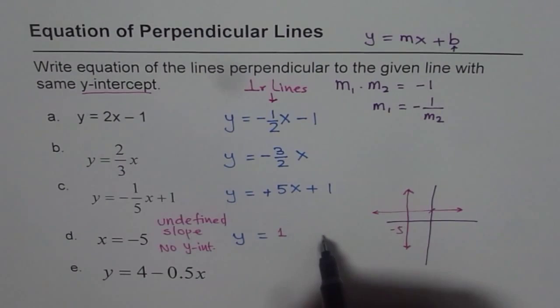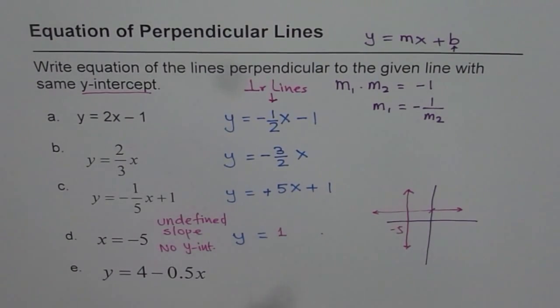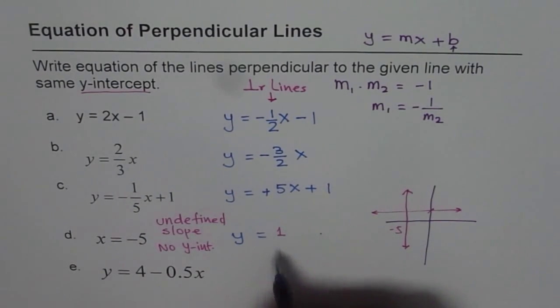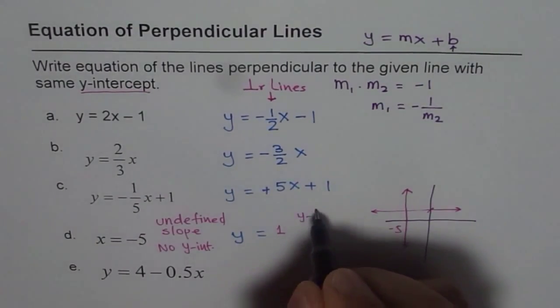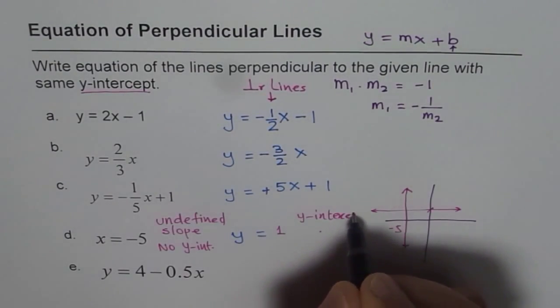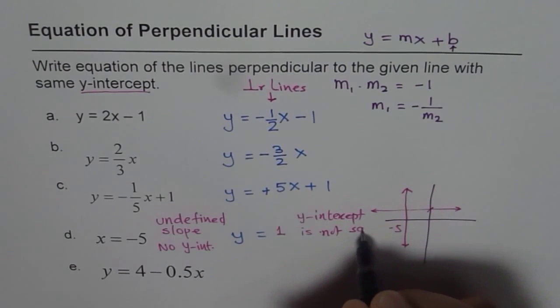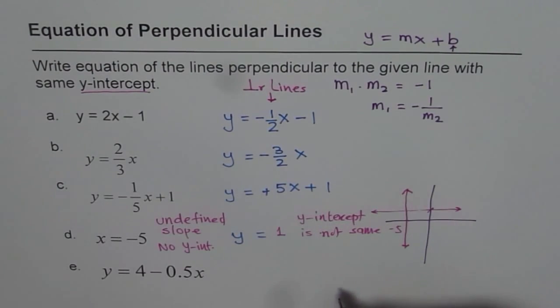So this one is not really possible, but I've just given an equation to give you an idea, but remember the y-intercept is not the same, okay, because that is not possible.